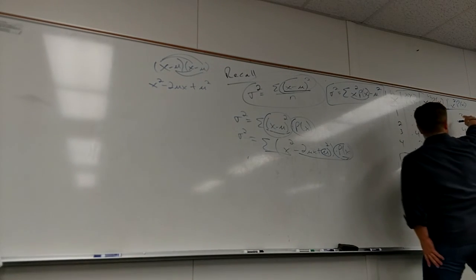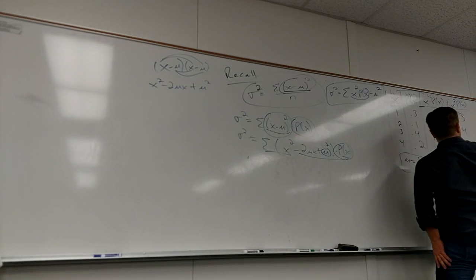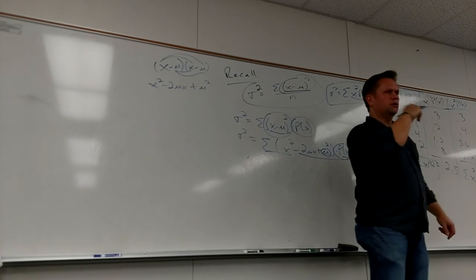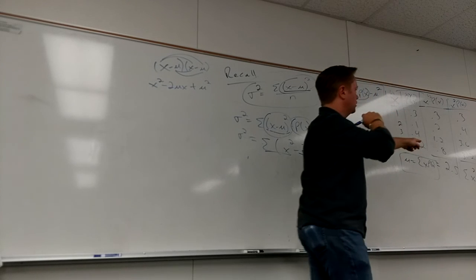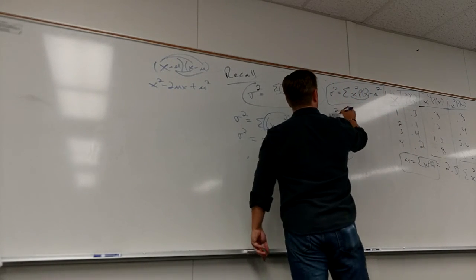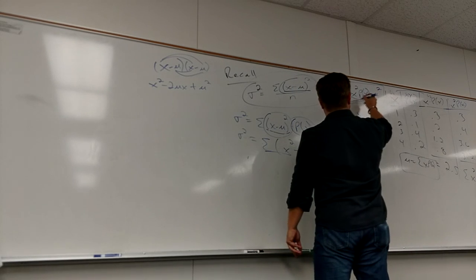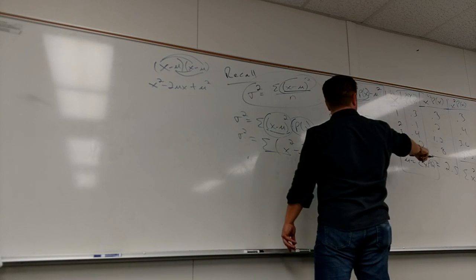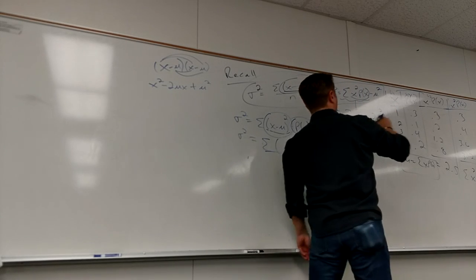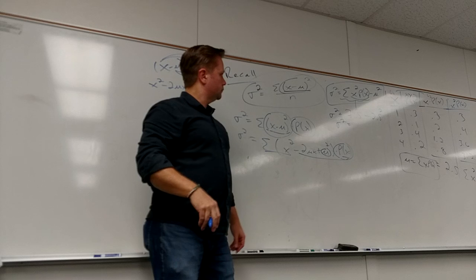So what do I get when I add these up? 7.5, right? Okay. And so now I can just throw that into the formula to figure out what the variance is. So the variance would be 7.5, that's what all this is right there, minus 2.5 squared. Somebody help me out. 6.25.